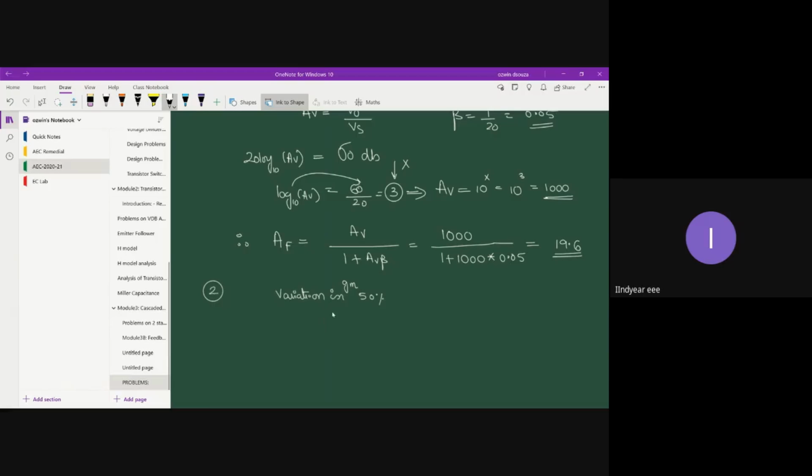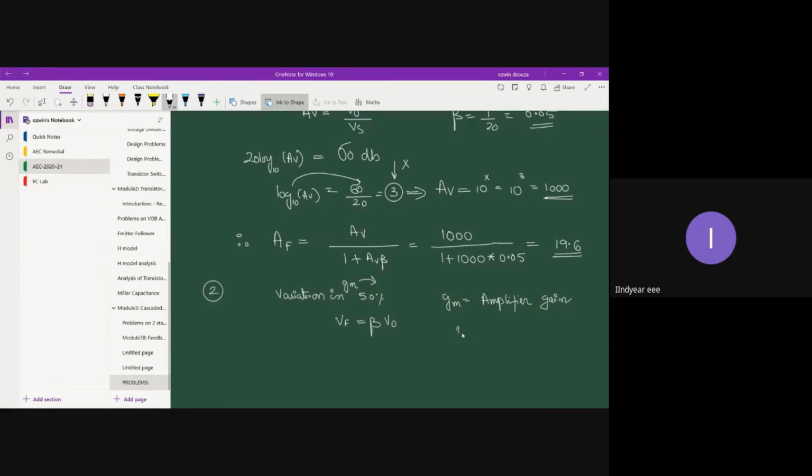Now remember one thing. This feedback voltage VF is actually beta times V naught. Whatever variation is happening in GM, what is GM? GM is nothing but the amplifier gain.